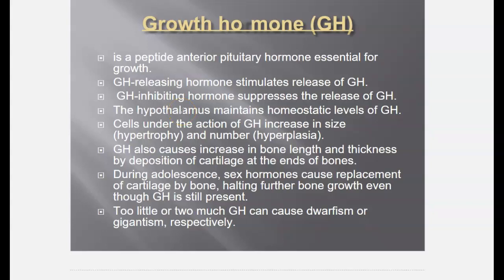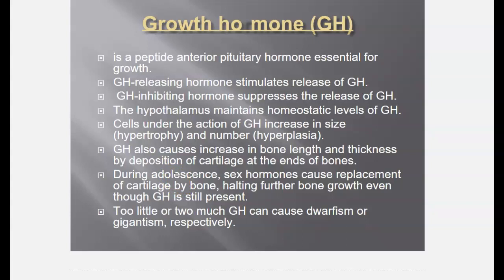And when growth hormone shows up, you will have an increase in size, hypertrophic growth, and an increase in number, hyperplastic growth. So think about that. It also affects bones. Your bones get thicker, more dense and such. It causes cartilage to be deposited on the ends of the bone. It's present during your adolescence.